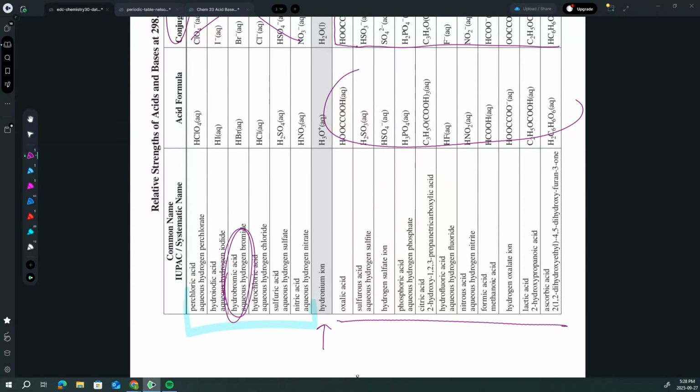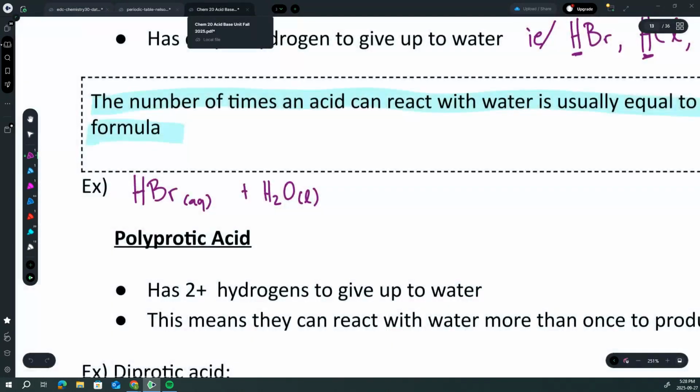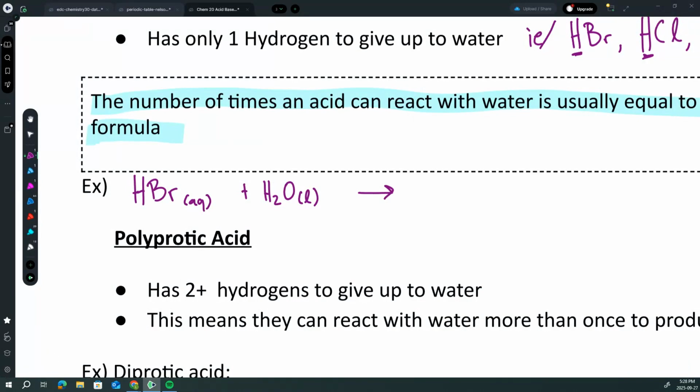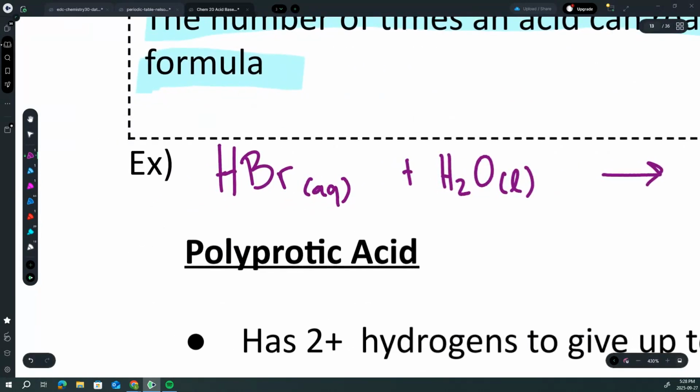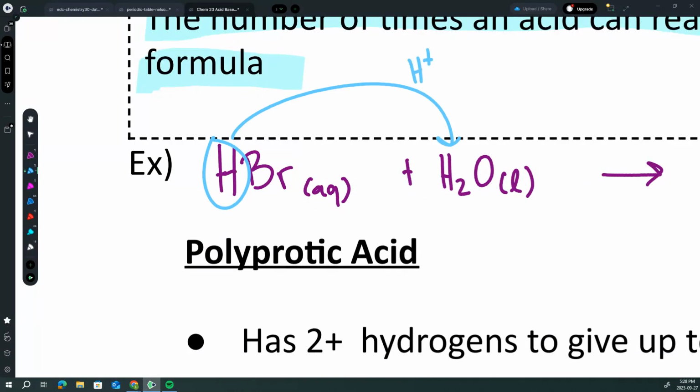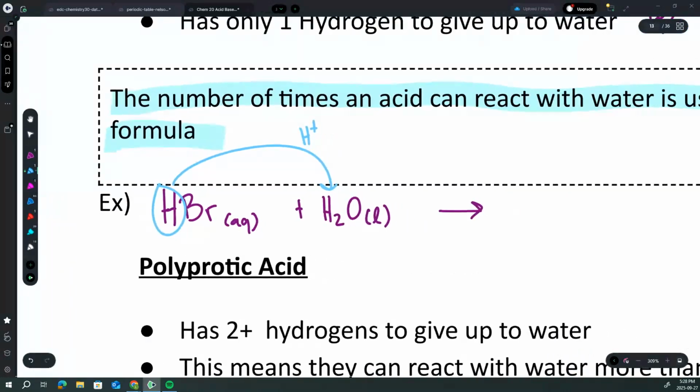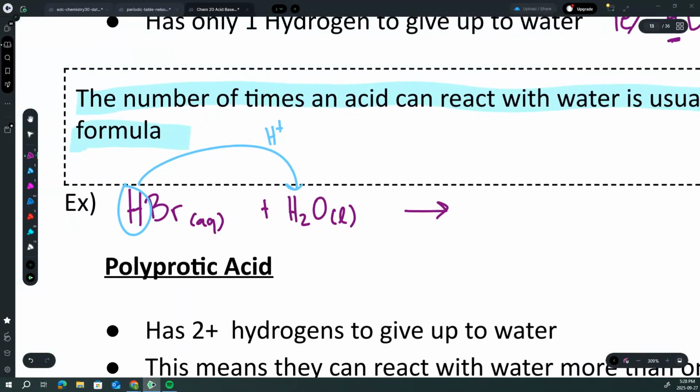It's one of our strong acids because it's above the gray hydronium line, so I use a single-headed arrow. Acids, remember A for away. The H plus, or the proton, is going away from the acid. So this is our acid here.